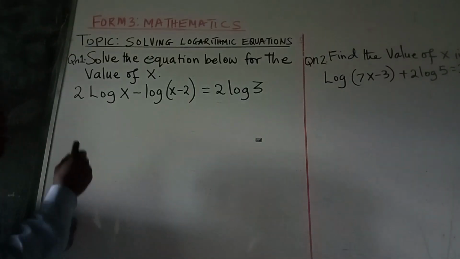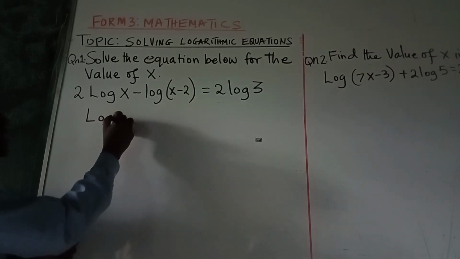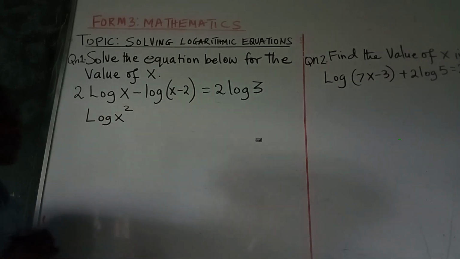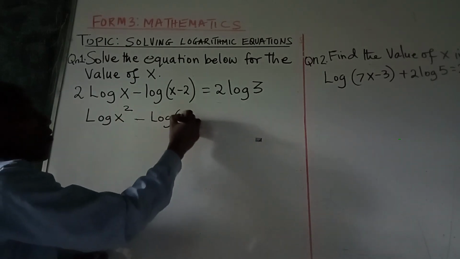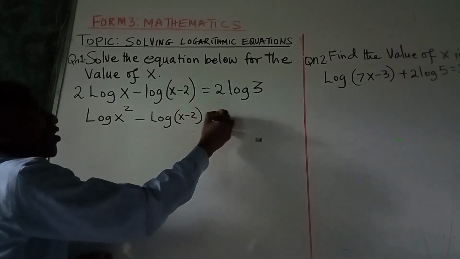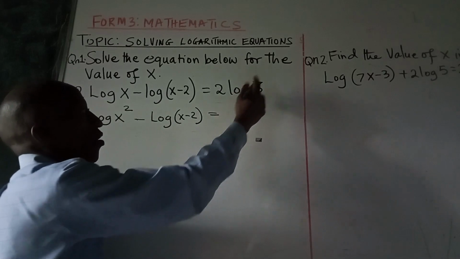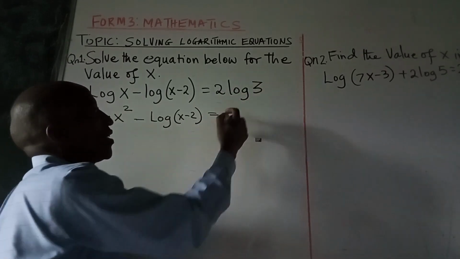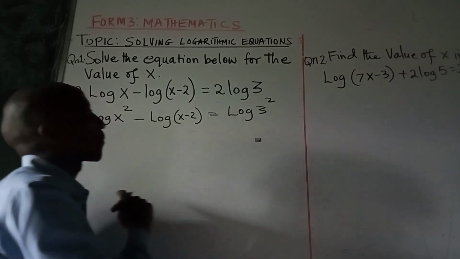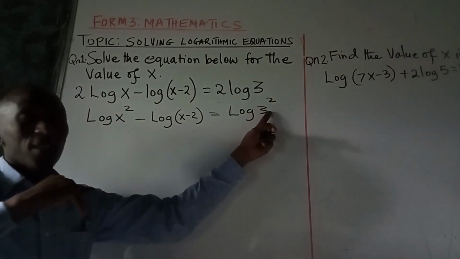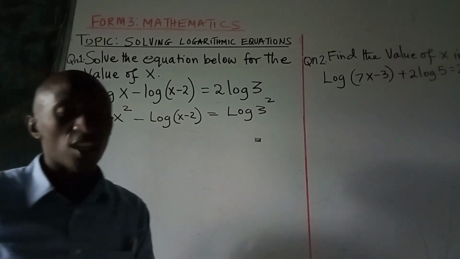That is to say, this part becomes log of x squared minus log of x minus 2, and once more, this becomes the power or the index to 3, that gives you log of 3 squared. We can work out 3 squared as 9 in the second step.